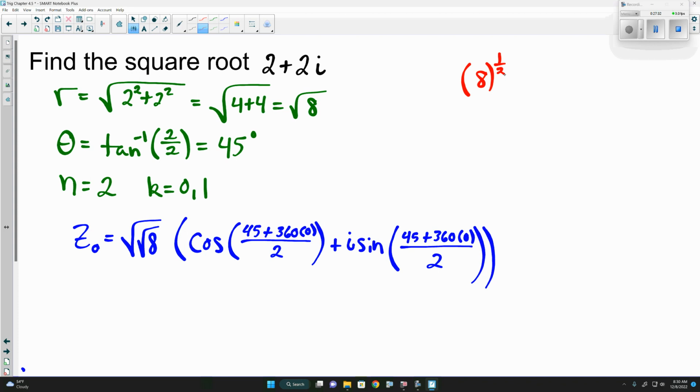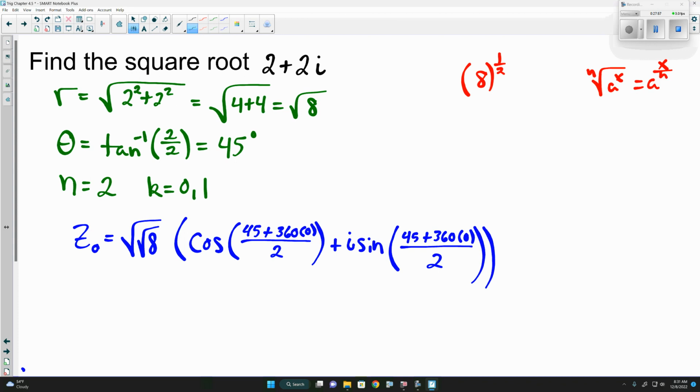This is going back to our powers properties, that the nth root of a to the x is equal to a to the x over n. I'll write this off to the side here. Nth root a to the x, a to the x over n. So the square root of 8 is 8 to the 1/2.